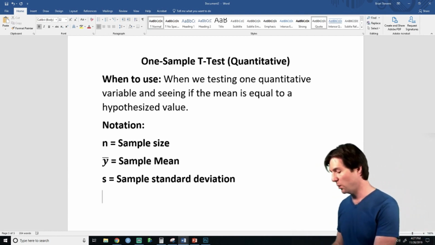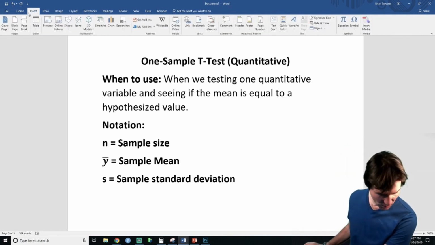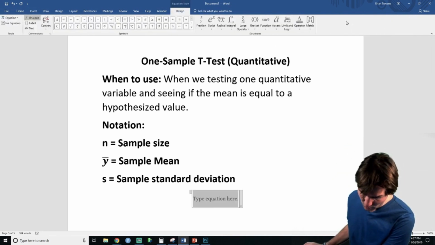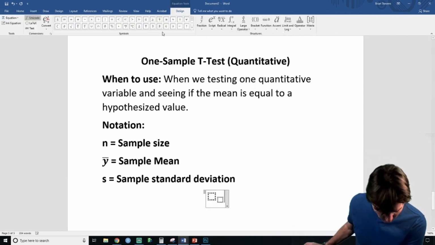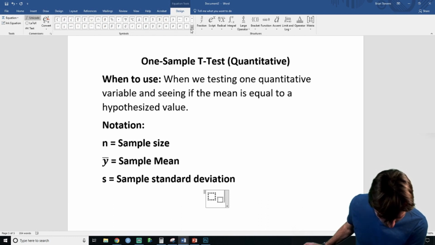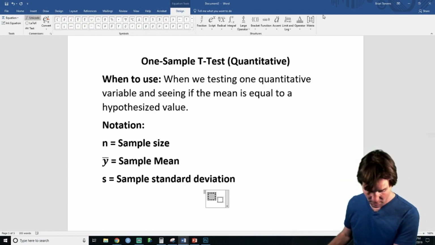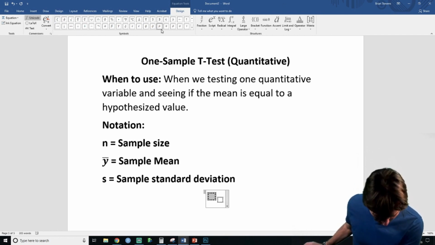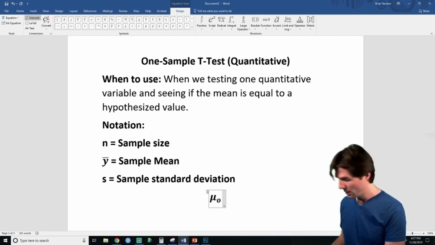Next but not least, we have mu naught. Oh, we got to get some symbols again. Let's go back to our insert equation and put in here mu naught. So we need mu and naught. There we go.